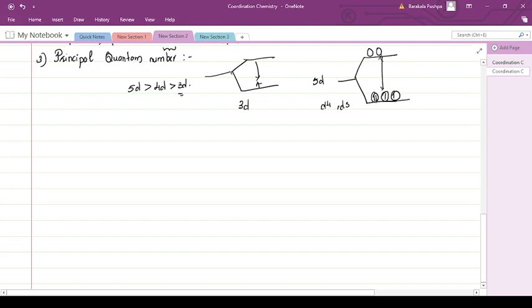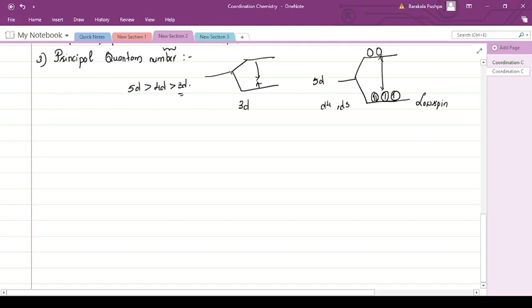The energy required for the electron to go into the eg orbitals is not sufficient. So automatically, in the 5d series, most of the complexes are low spin complexes. It's a very important factor. You should remember that as the principal quantum number increases, the magnitude of splitting increases.